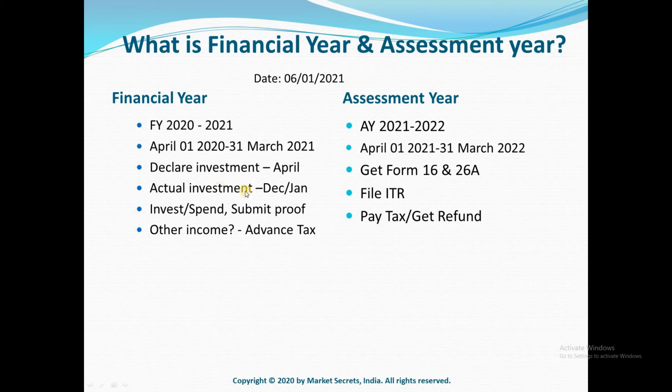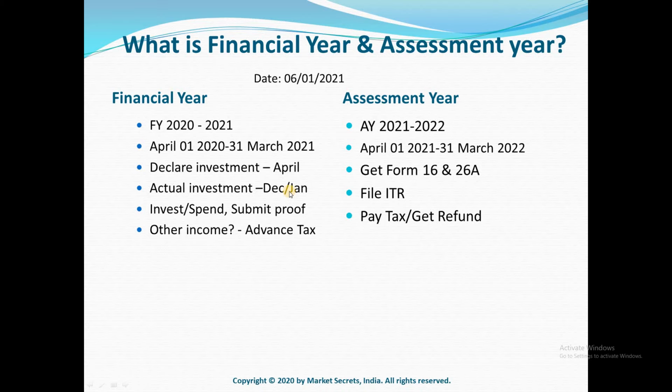Towards the end of the financial year, around December or January, your employer will ask you to submit actual proofs of these investments. You have declared you will be investing 1.5 lakhs. Now the employer will ask you for proof, so you need to submit proofs for those investments.